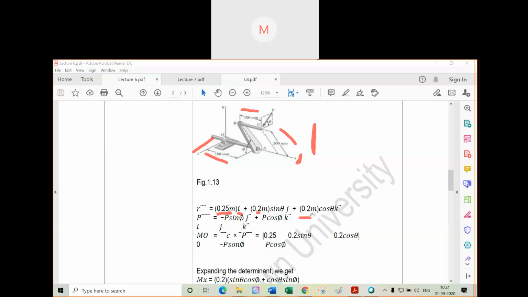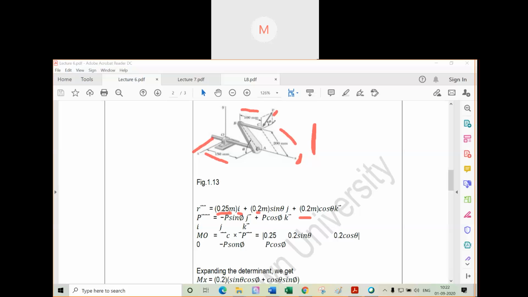Now if you find P, what is P? This is the force, no? Now it is acting on this handle, that means on this side.